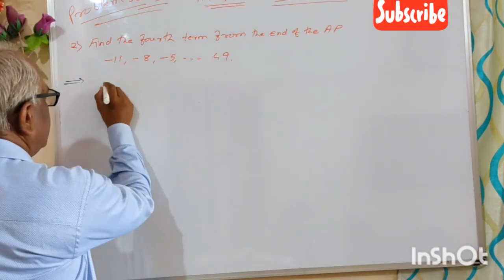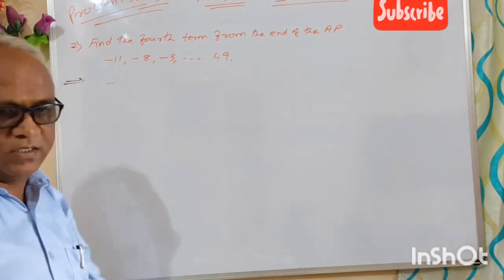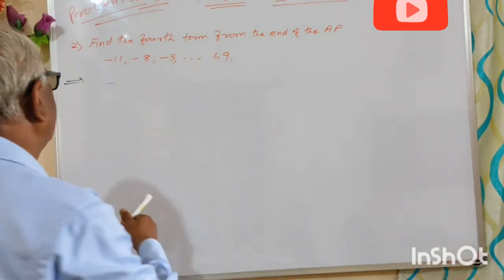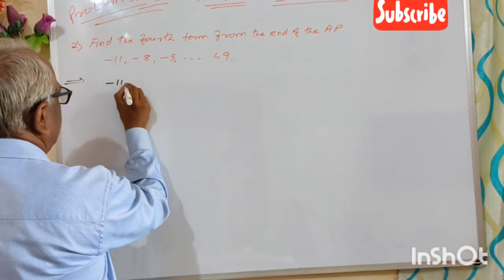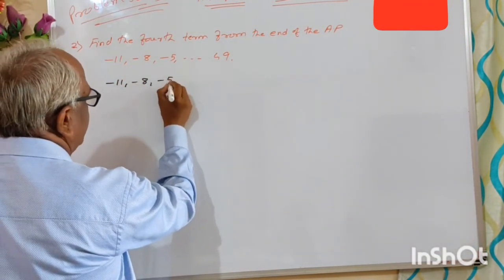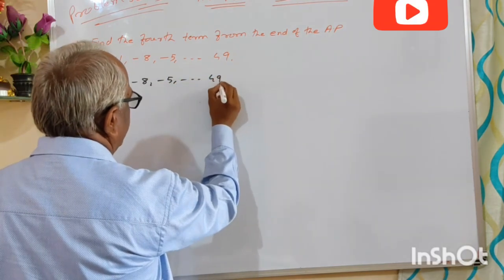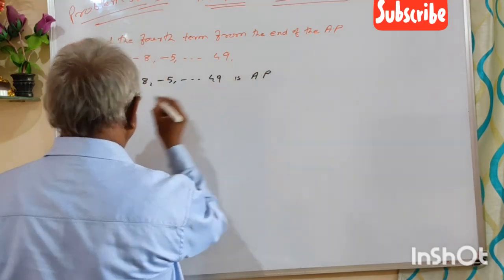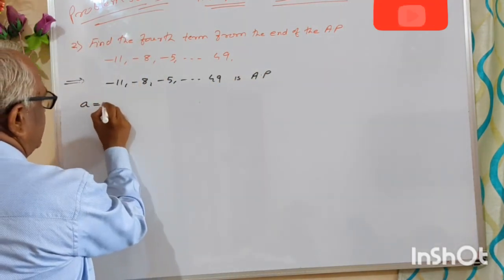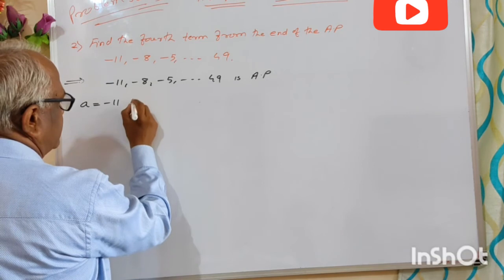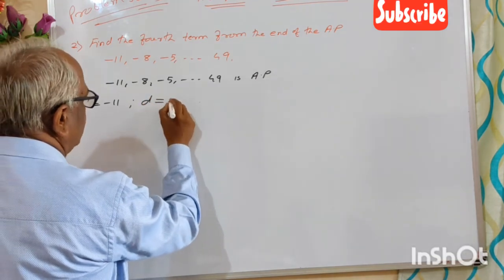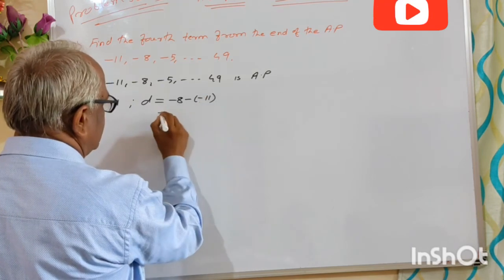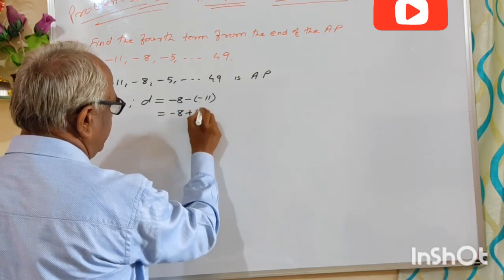So let us see: minus 11, minus 8, minus 5, dash dash dash, 49 is an arithmetic progression. a is equal to minus 11, this is the first term. Common difference d is equal to minus 8 minus, minus 11, that is equal to minus 8 plus 11.